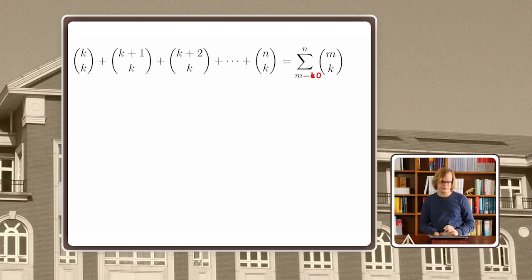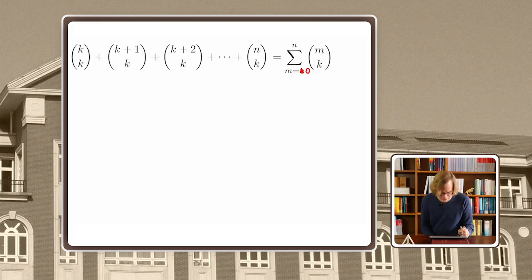It doesn't really make a difference, it's just adding a bunch of zeros. Okay, how can we derive a formula for this? Well, this is a little bit tricky, but here is how you do that.